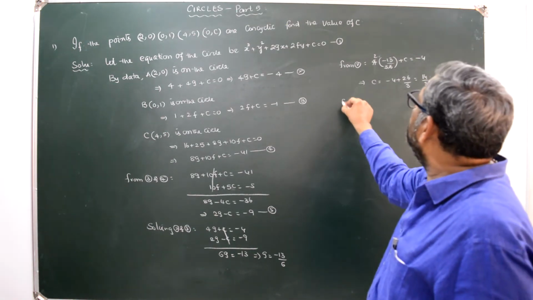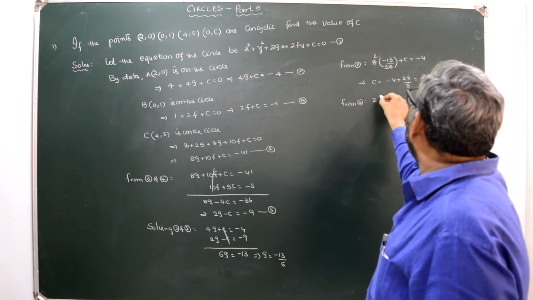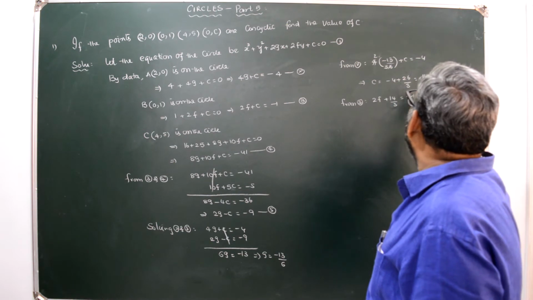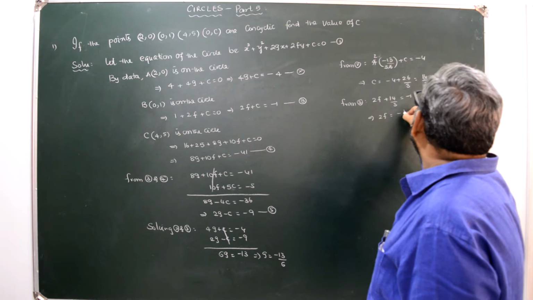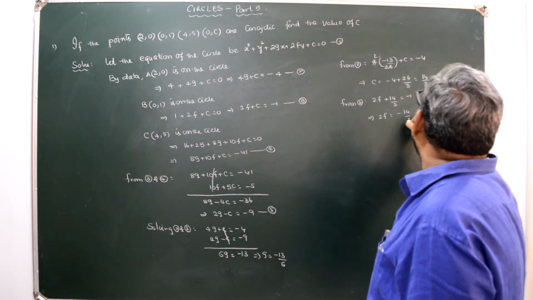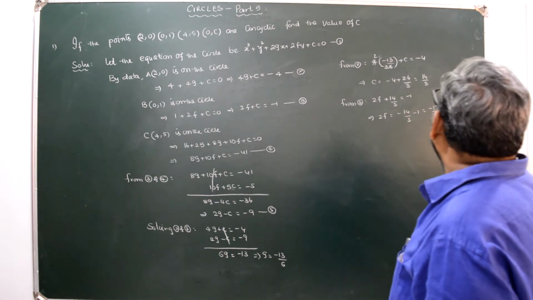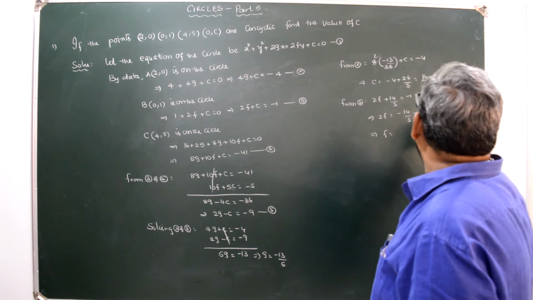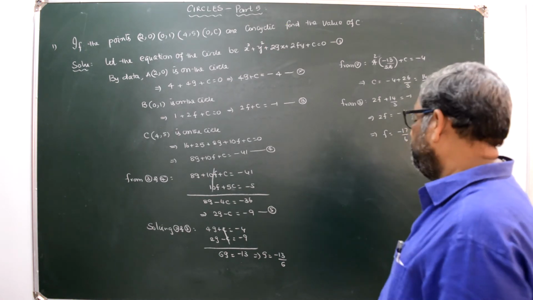Now from 3, 2f plus c, that is 14 by 3, is equal to minus 1. 2f is equal to minus 14 by 3 minus 1, that is minus 17 by 3. So f is equal to minus 17 by 6.